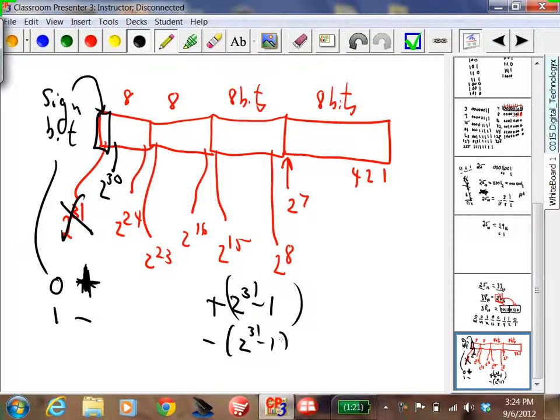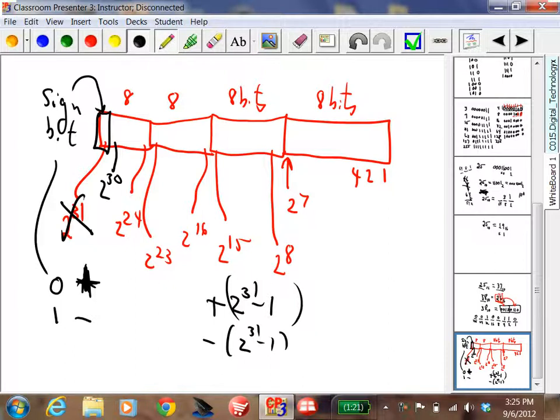So how big is that? 2 to the 31 minus 1. Somebody got a calculator here, right? Calculate that for me, would you? 2 to the 31st power minus 1. Now Martin's got it again. Martin's my star student so far. Always has the answer.